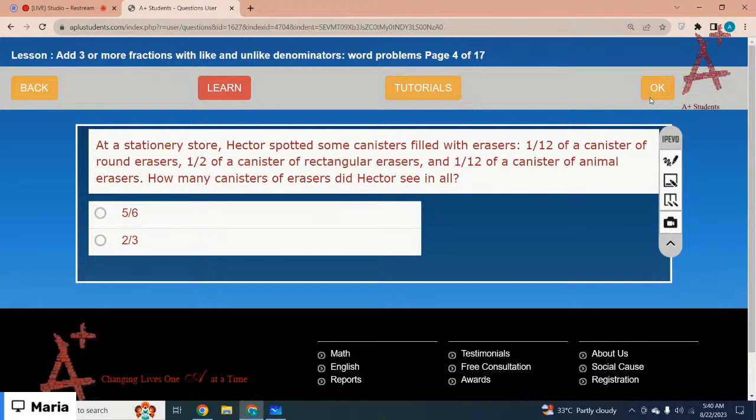So you have to add 1 over 12, 1 over 12, and 1 over 2, right? So first you have to multiply 1 over 2 by 6.